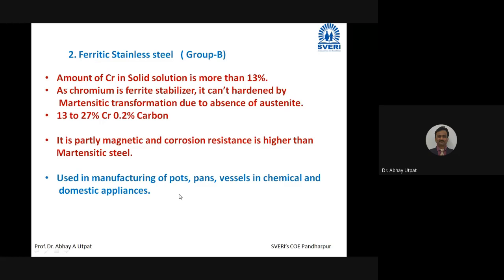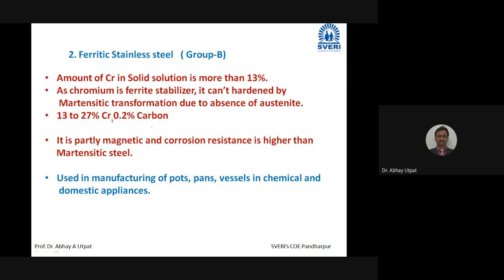So here, chromium in the solid solution is more than 13%. Now see the total percentage of chromium, 13 to 27%, and 0.2% carbon. So now this steel has less carbon as compared to martensitic stainless steel.